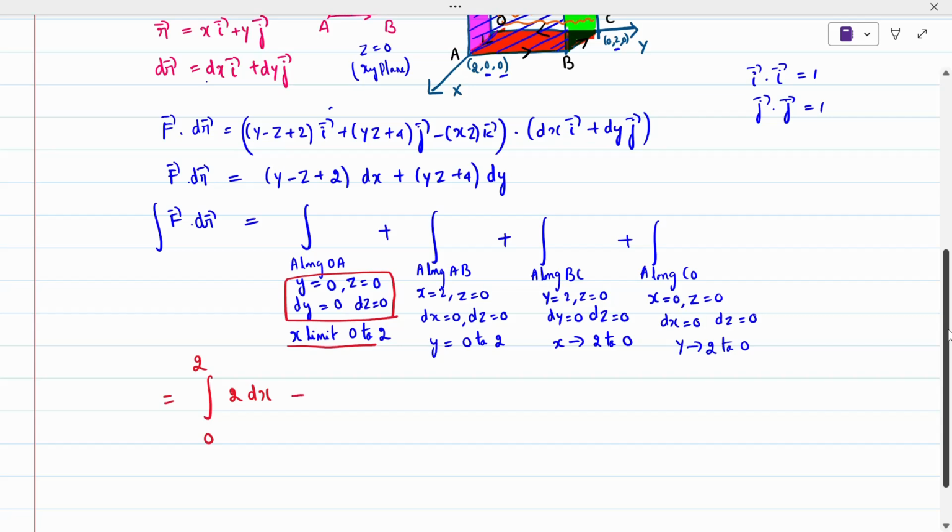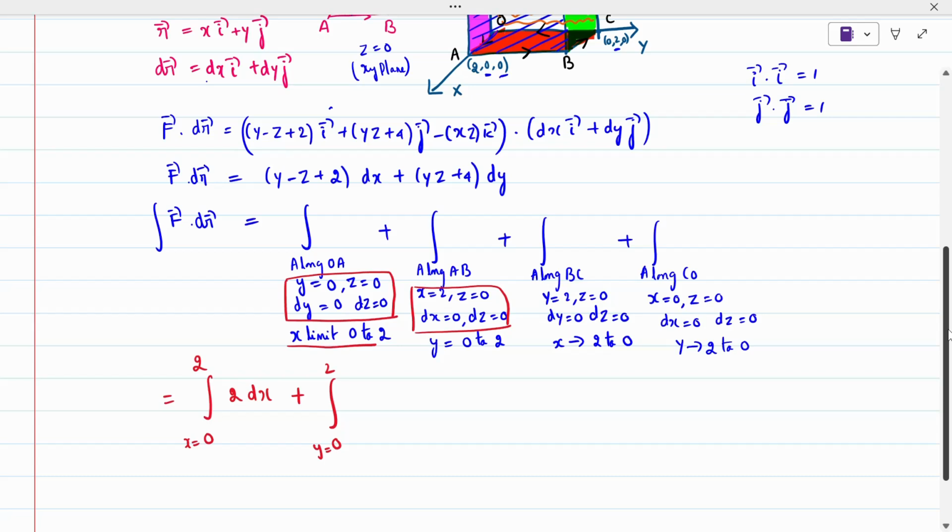Plus, the second integral. The limit is 0 to 2. If you get confused, write which is the limit, x limit or y limit, only down you write, it's enough. So now we have to substitute this in the given question, F into dr. X equal to 2, z is 0, so dx is 0, this is fully 0, then this is fully 0.